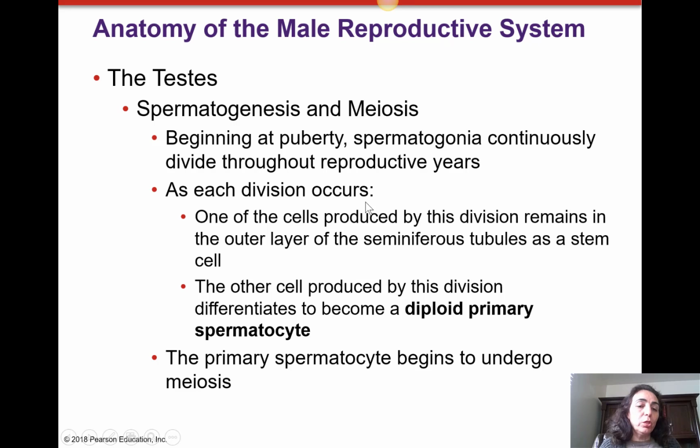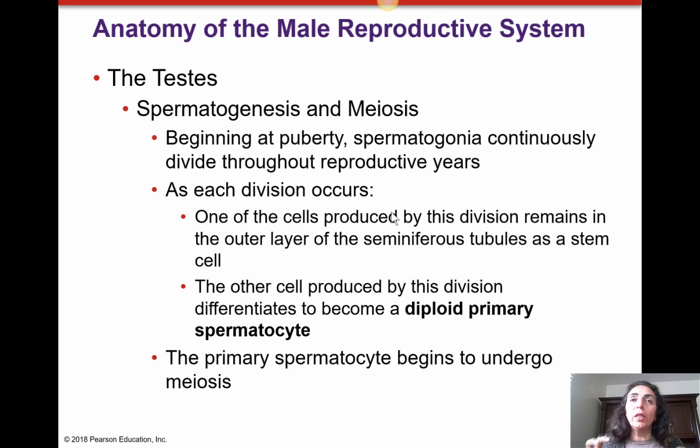As each division occurs, one of the cells produced by this division remains in the outer layer. Actually, it is not meiosis first. We first have a mitotic division. Mitotic division means that we have a spermatogonium, and some of those divide by mitosis.